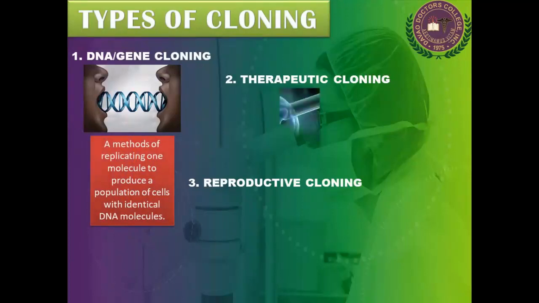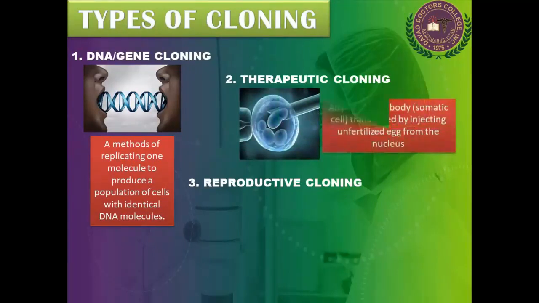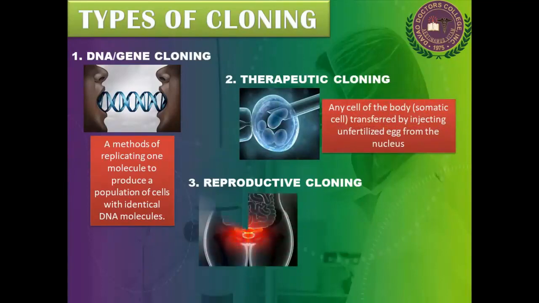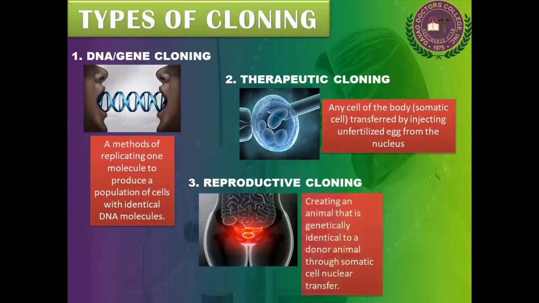In therapeutic cloning, genetic material from any cell of the body is transferred by injecting it into an unfertilized egg whose nucleus has been removed. Lastly, reproductive cloning is a process of creating an animal that is genetically identical to a donor animal through somatic cell nuclear transfer.